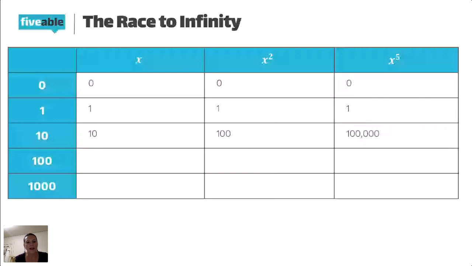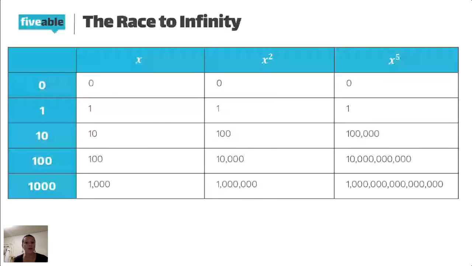Check out what's going to happen now if I plug in 100. Now we're comparing 100 to 10,000 to 10 billion. Now, if I plug in 1,000, we're really starting to see a difference in those values between x and x to the fifth.